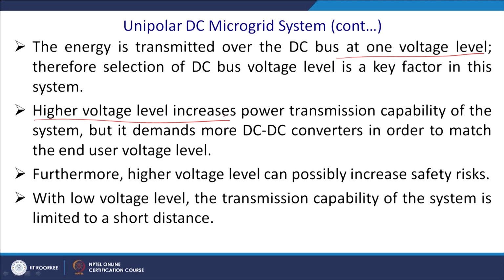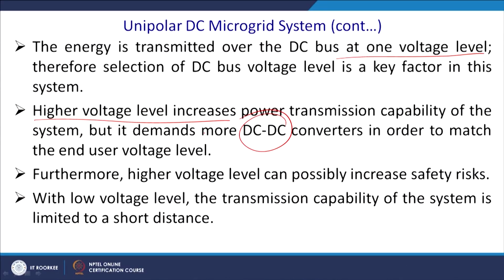So, if you increase the voltage, the power rating goes with the square of that, but it demands more DC to DC converters. The link can be used for transmitting more power, but you may require a different level, because ultimately the utility cannot take that particular voltage level, and thus you require a DC to DC converter to step it down.